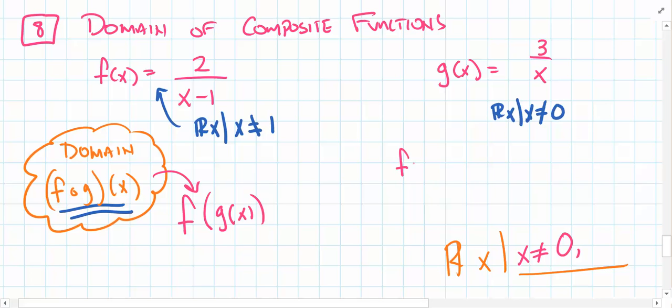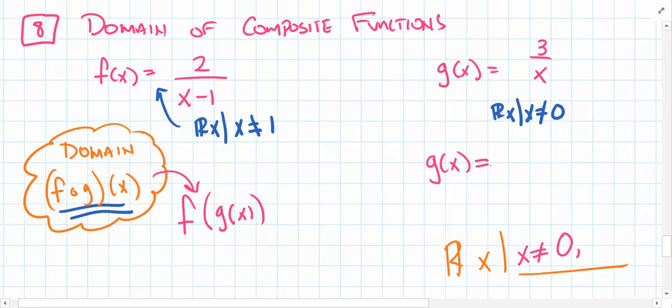So keeping that in mind, we have to ask ourselves, is there a number that when I plug it into g, since that one's first, that g turns it into a 1? Oh, good. You guys see it, right? So what we need to prevent is this. g of x is never allowed to produce a 1. Do you guys see that?